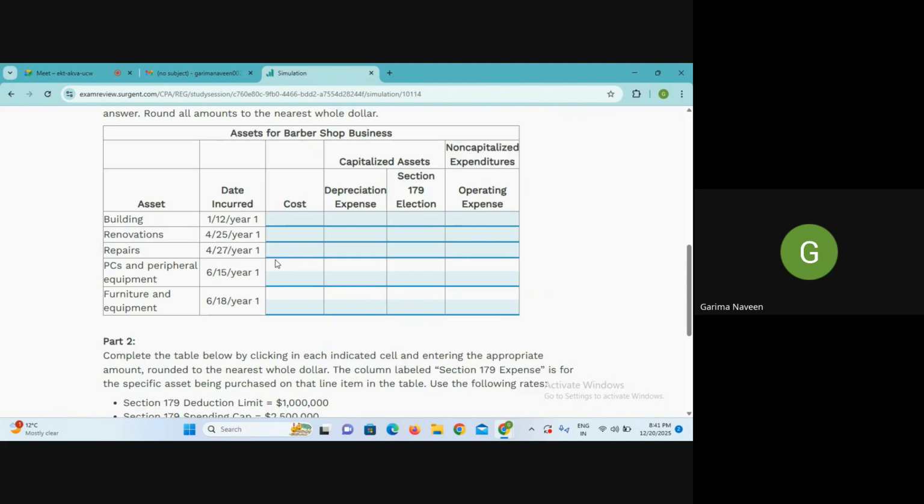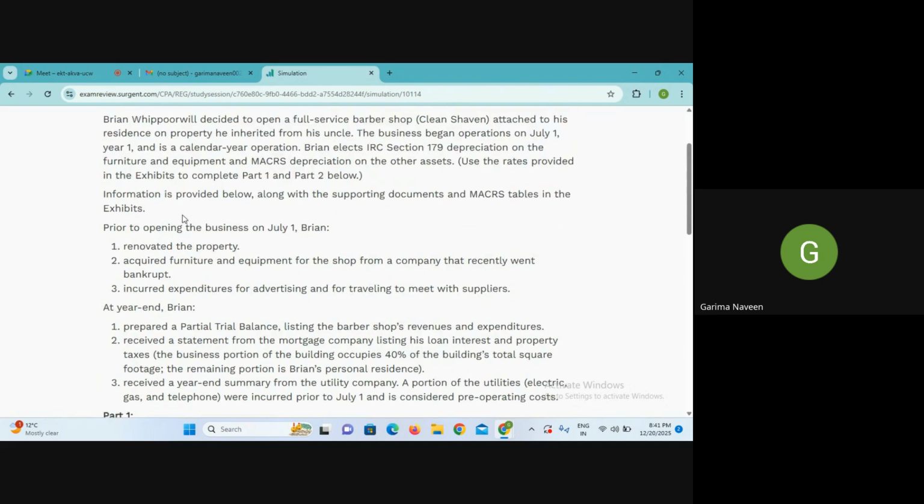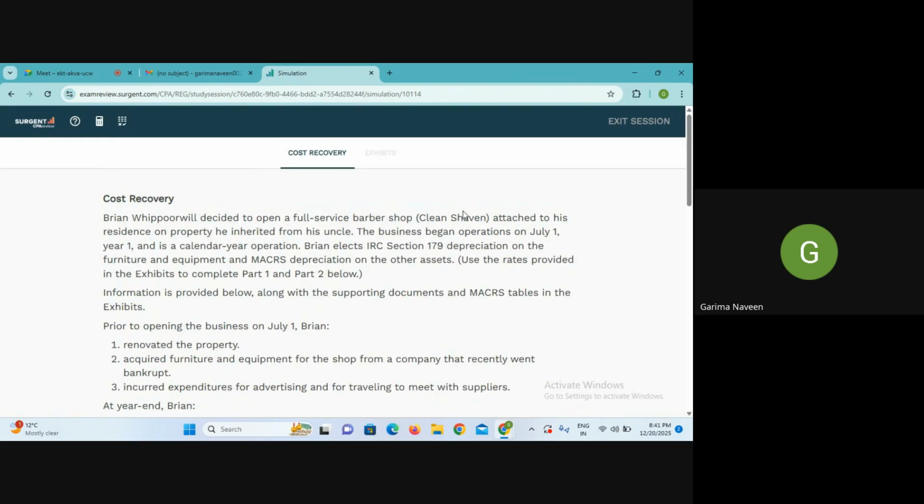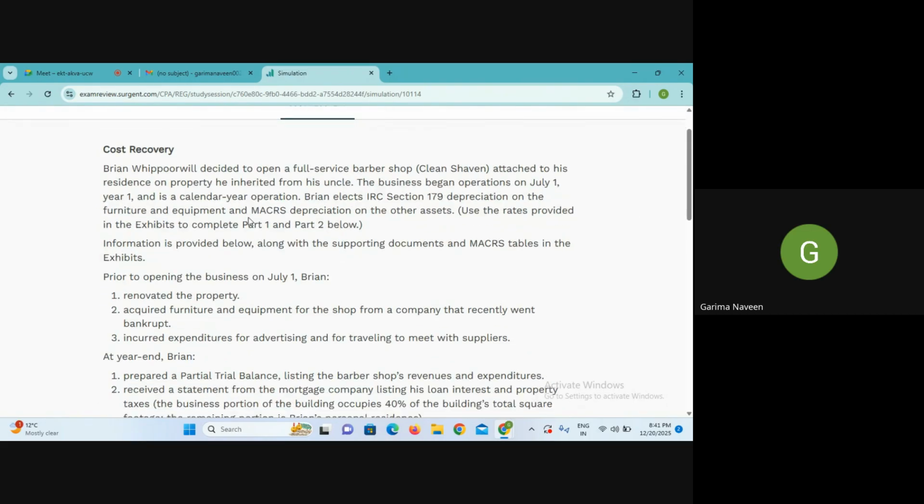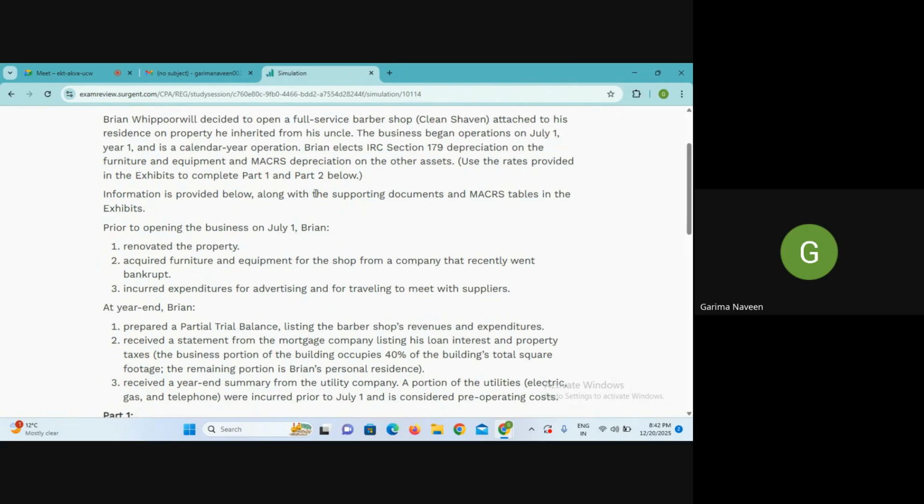Okay. So this question is related to basically MACRS depreciation and Section 179 depreciation. Brian Whirlpool decided to open a full service barber shop attached to his residence on property he inherited from his uncle. The business began operation on July 1st, year one, and is a calendar year operation.